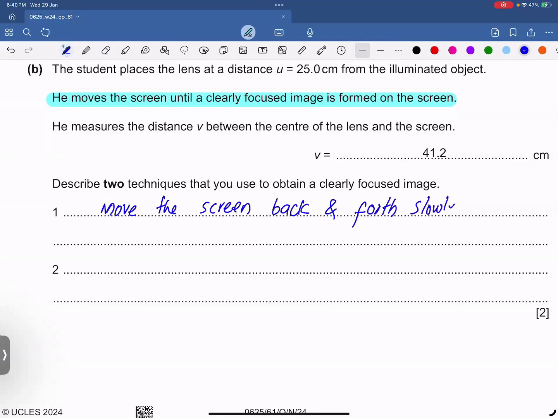The second: because you want a clear, focused image, make sure there is no ambient light. So make sure the room is dark. You can say darkened room. You can also say the object should be as bright as possible. One of them is okay. These two I wrote. Now we proceed to the next part.